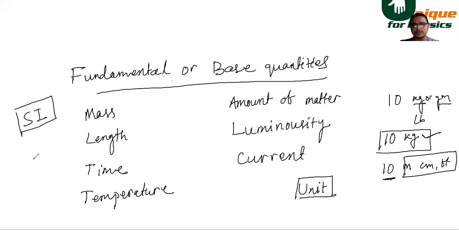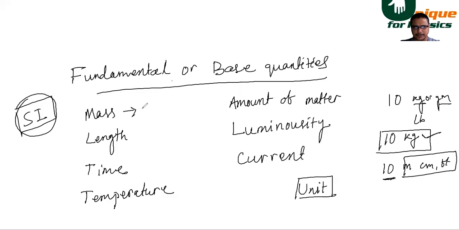That's why we need to standardize, and worldwide we follow one system which is well standardized and well organized. Every year there is a conference where they discuss all these standardization processes. The International System of Units is formed to standardize these fundamental quantities, and accordingly all other quantities can be represented.